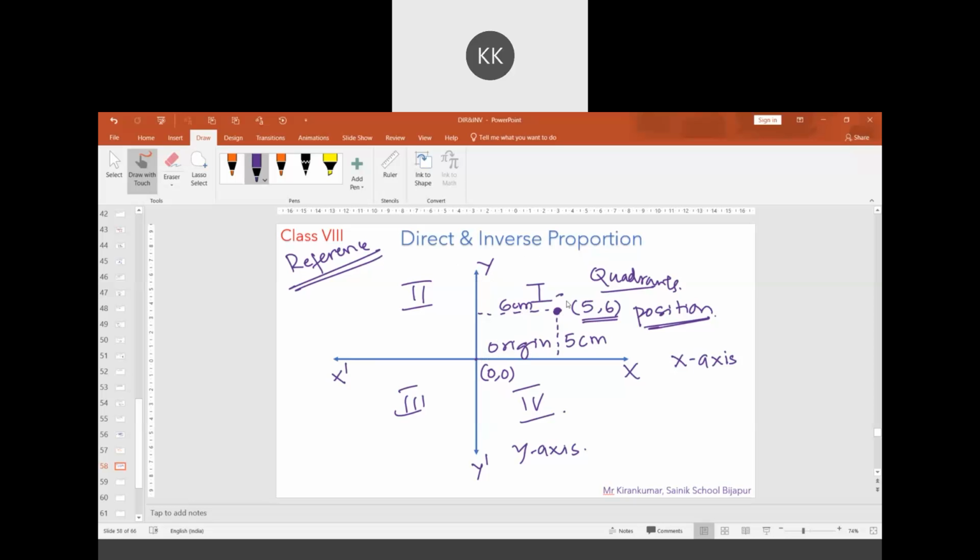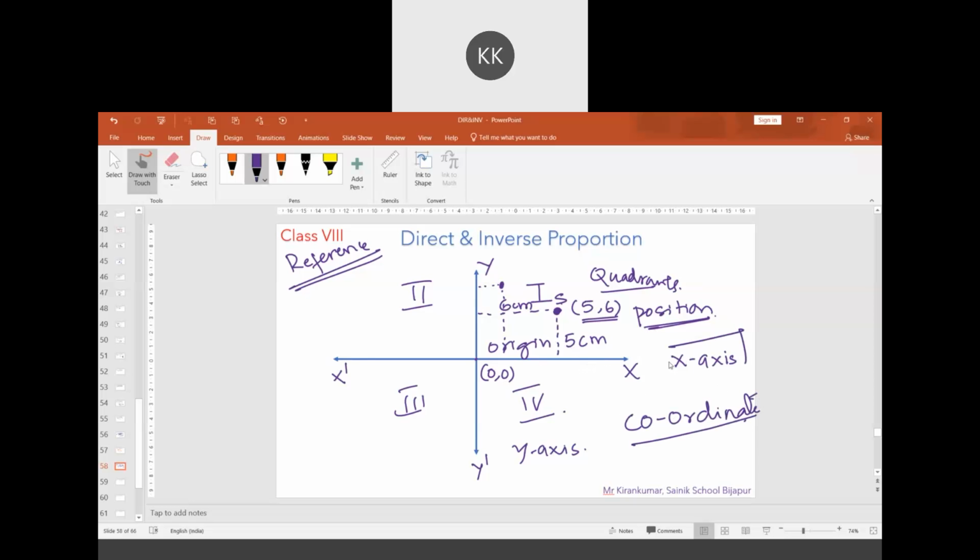If the spider moves from this place to this place, its distance from the x and y axis will change. Isn't it? So he gave the idea. So this particular way of making quadrants is given as the Cartesian system, in other words, the Cartesian coordinate system.